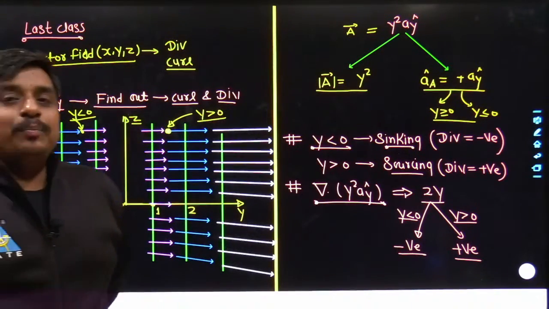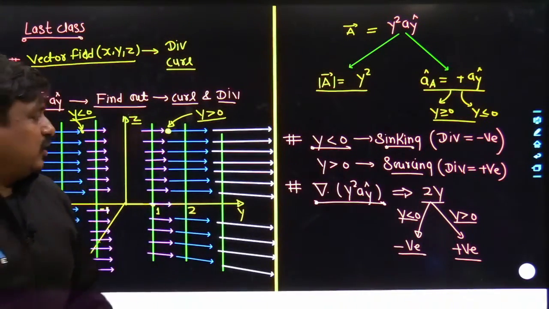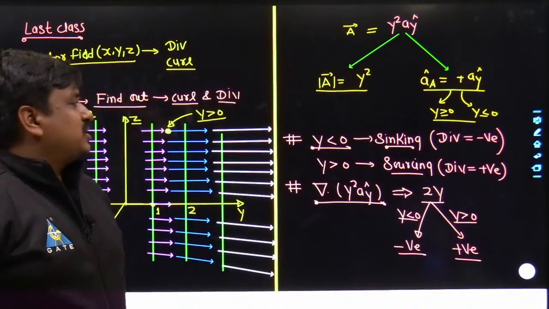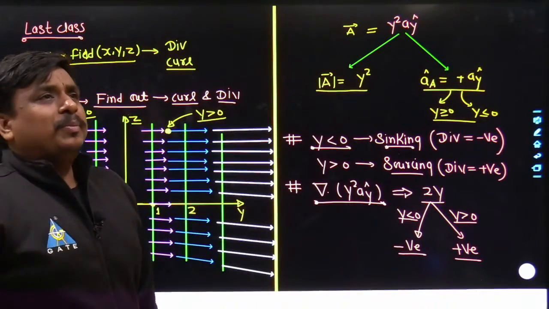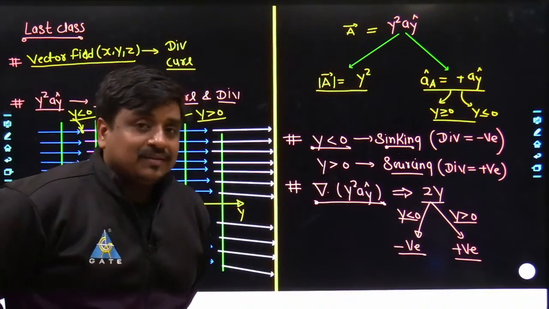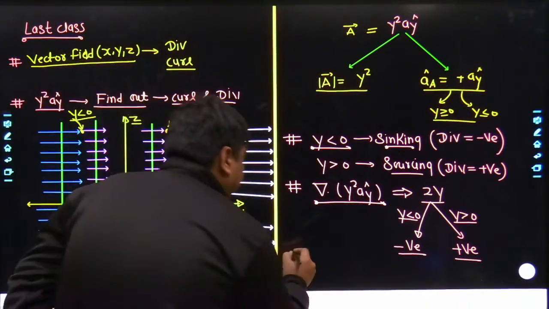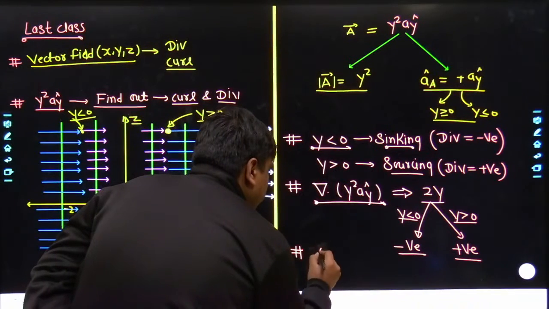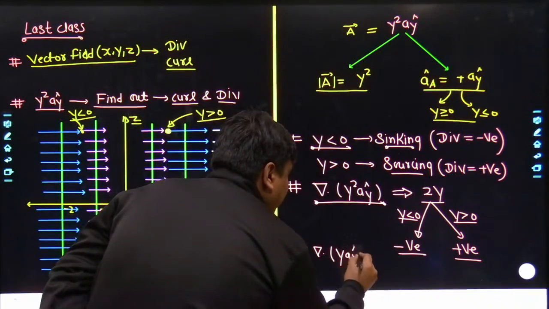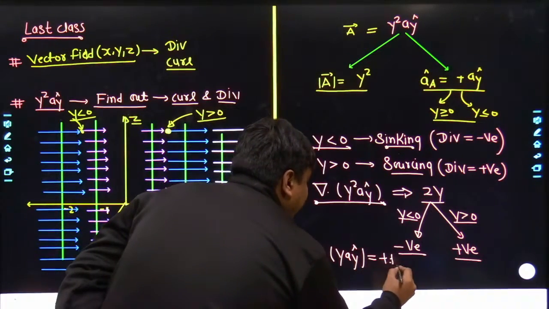In the last few examples which I took in the last class, the worth of the divergence was constant. Like I have taken the example of y cap. The worth was positive and constant.